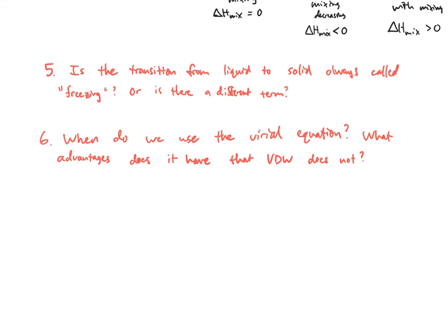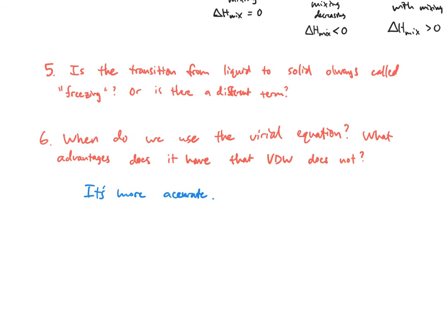I could imagine a situation where you were trying the van der Waals equation for your experiments and it was just not working accurately enough. Then you could resort to the virial equation because the virial equation is more accurate.